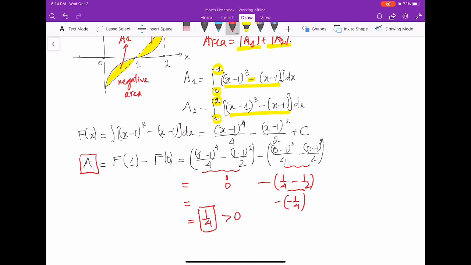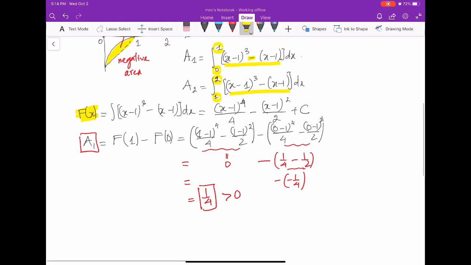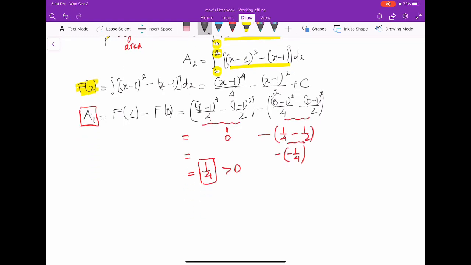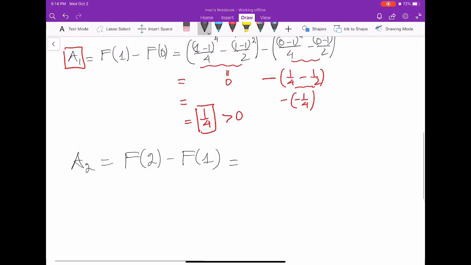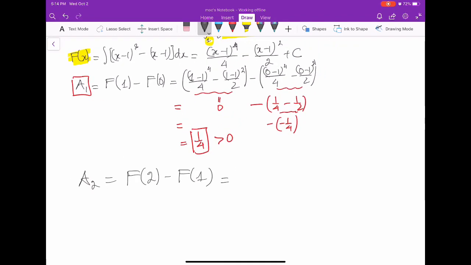And then you can use this antiderivative function F of x to evaluate A2. So basically A2 is equal to F of 2 minus F of 1. Don't forget that A2 is the integral from 1 to 2. So I just plug 2 and 1 into the function capital F of x.